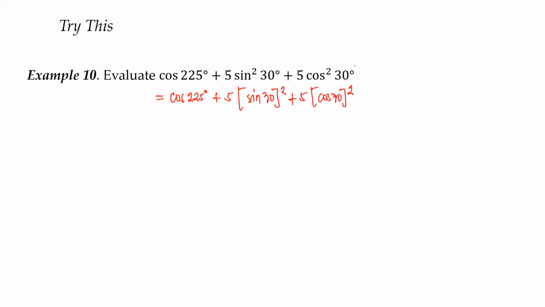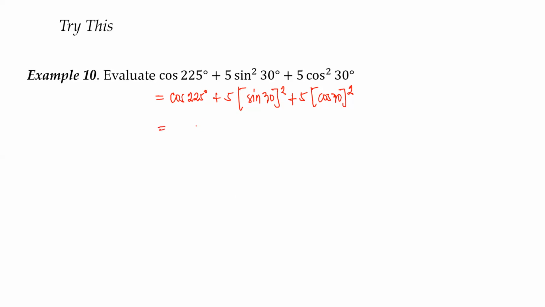Cosine 225 is more than 180 but less than 270. So 225 minus 180 is 45. And since 225 is more than 180, it means it is in quadrant 3, and in quadrant 3, both are negative.